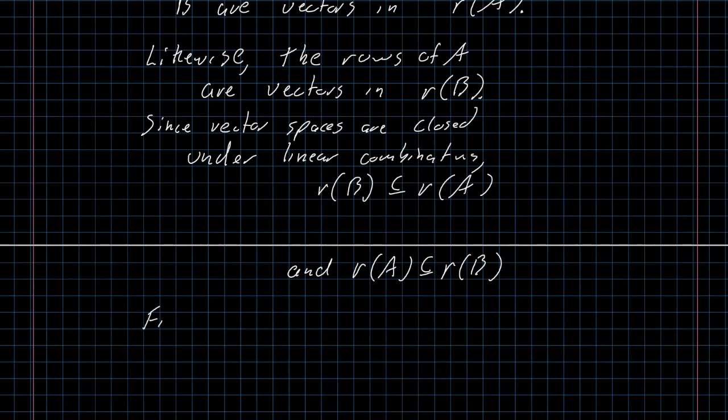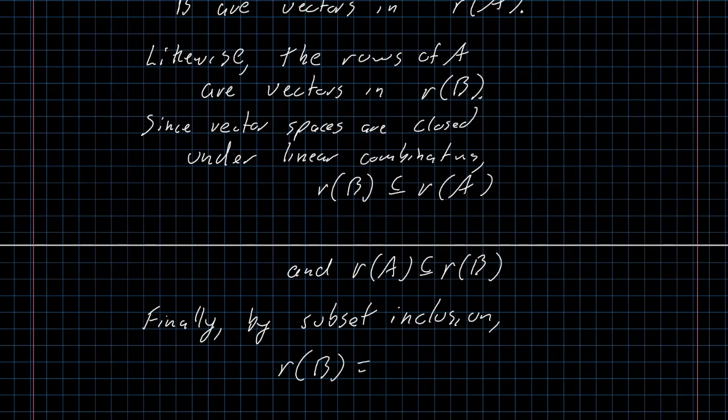Finally, by subset inclusion, the row space of B is equal to the row space of A.